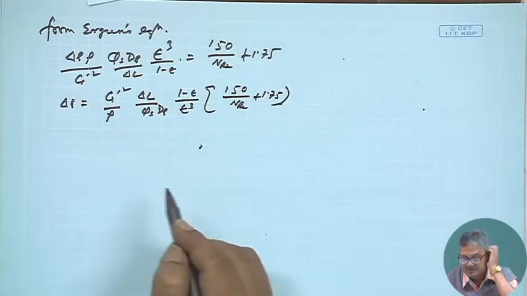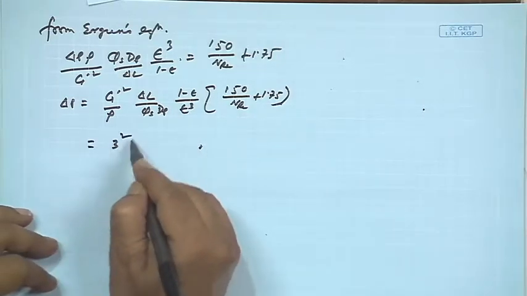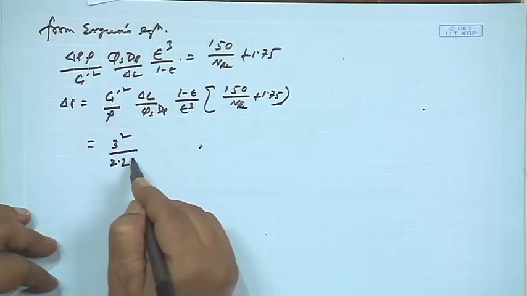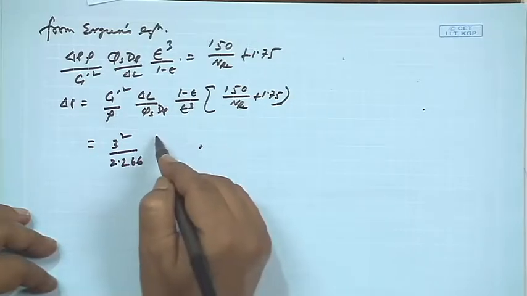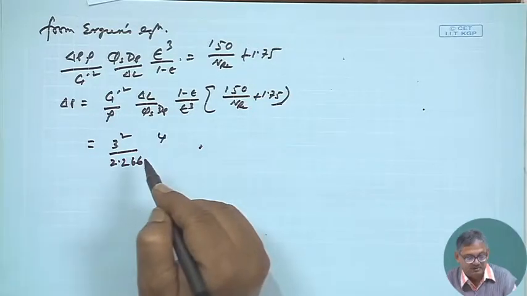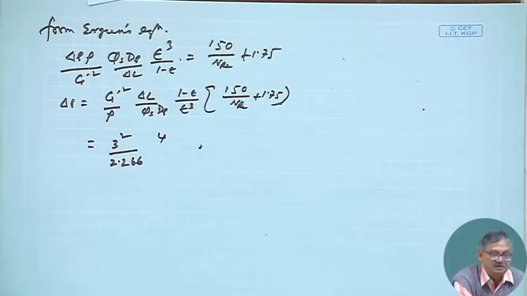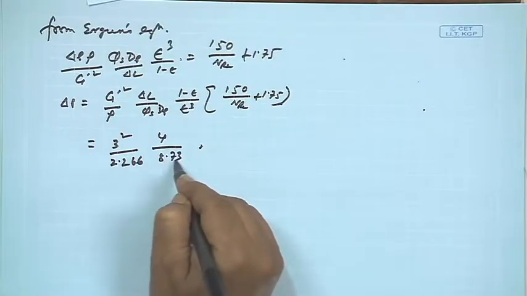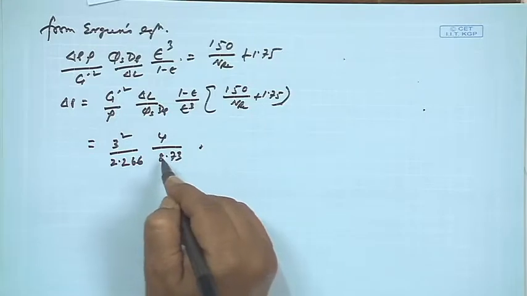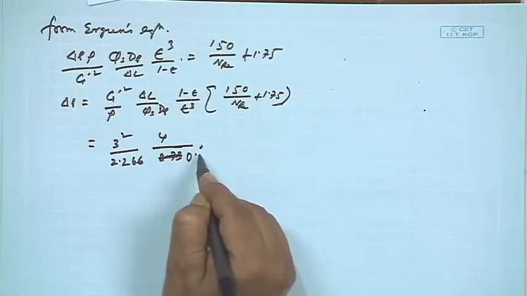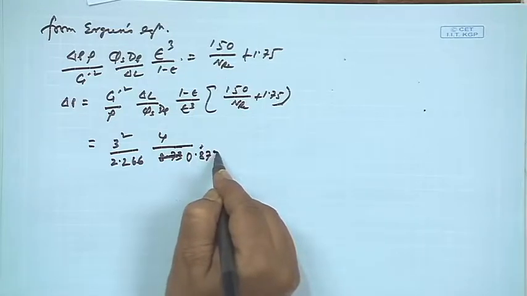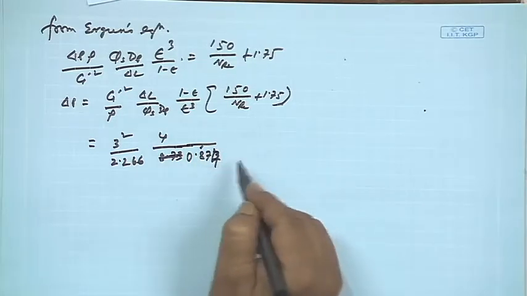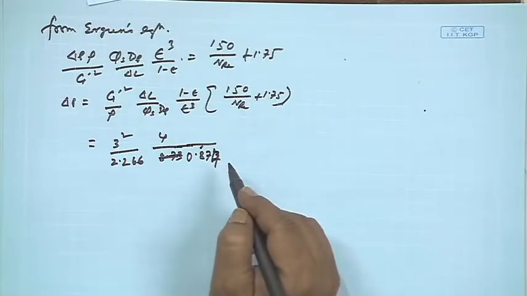So if we write this, it is 3 squared by rho. Rho we found out as 2.266. Delta L given is 4 meter. So 4 by the 0.873 we found out, rounded off to 0.874.